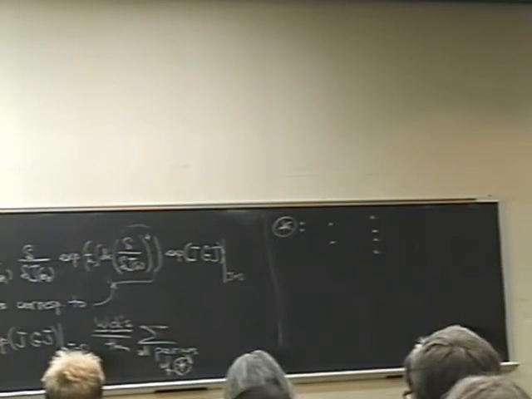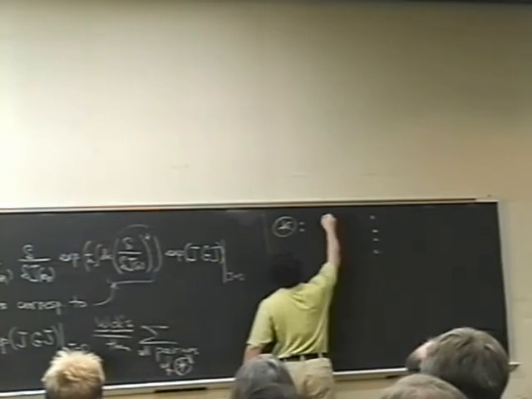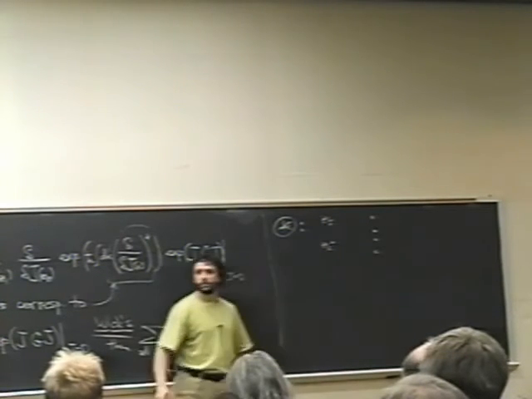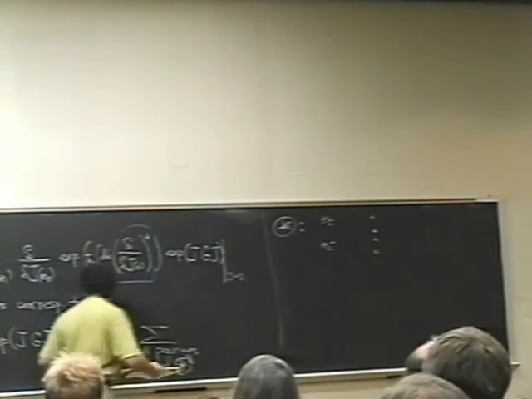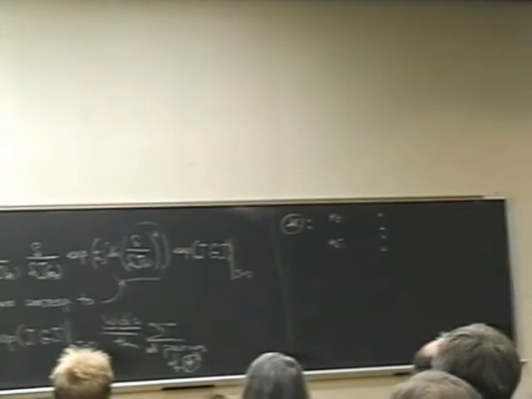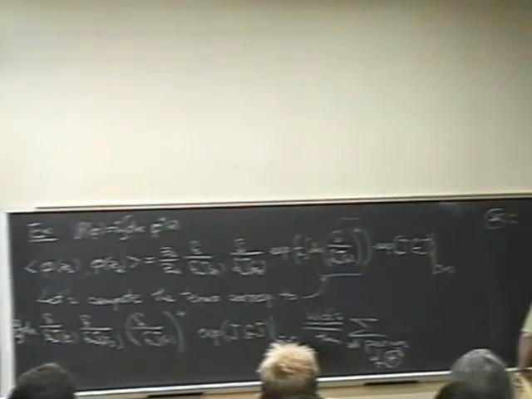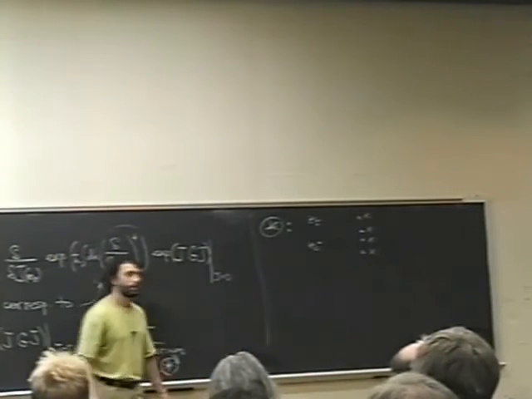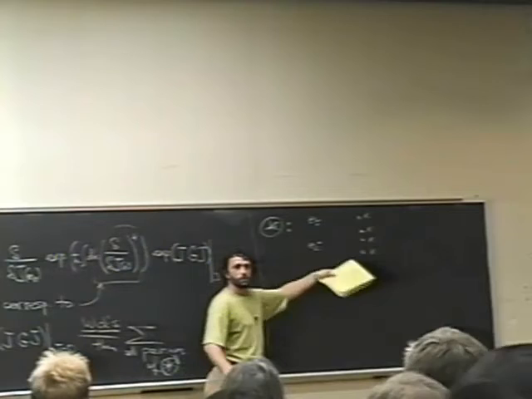I have 6 derivatives. Now, 2 of them have these labels Z1 and Z2. And the other 4 derivatives are labeled by the same x. So I should take all pairings of these points.